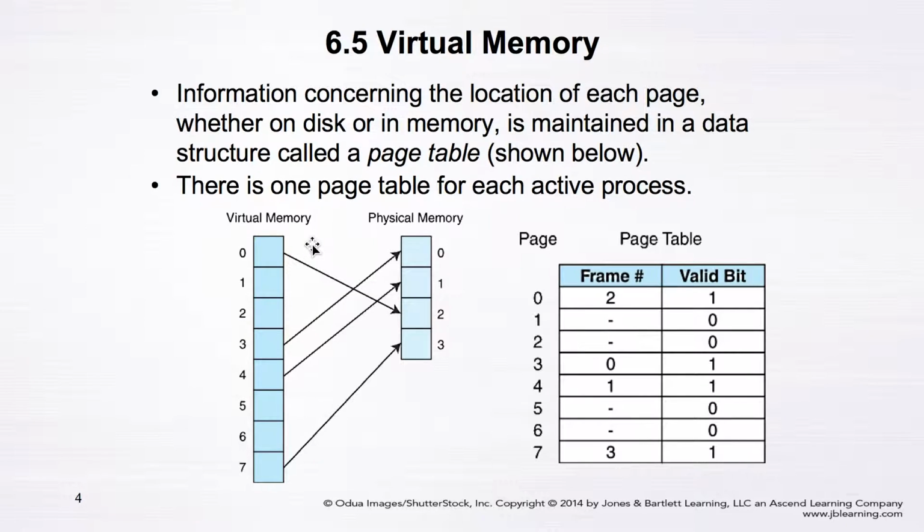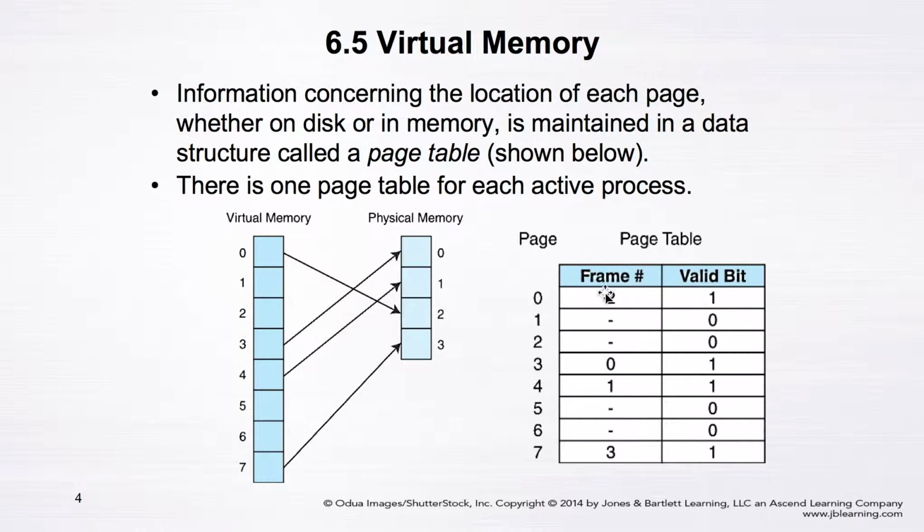We have the virtual memory that has a size of 8, from 0 to 7, and the physical main memory has a size of 4, from 0 to 3, and we have some kind of mapping between the virtual memory and physical memory. Here you can see the page numbers from 0 to 7, and the page table represents the frame number and also the valid bit.